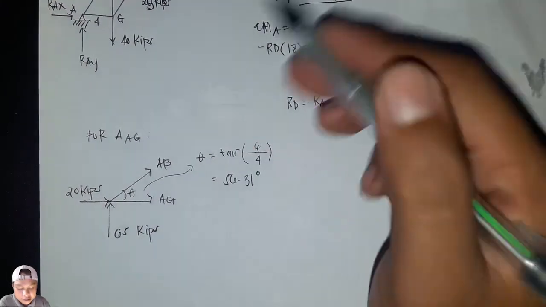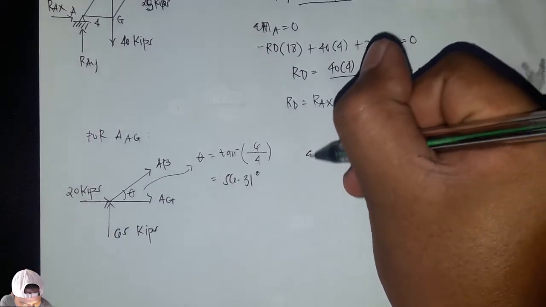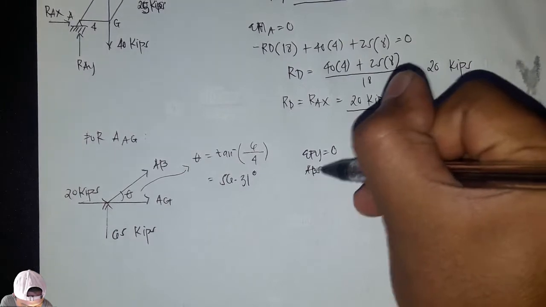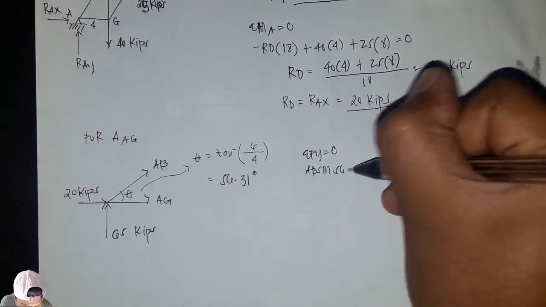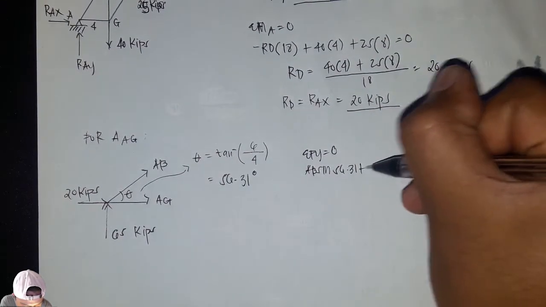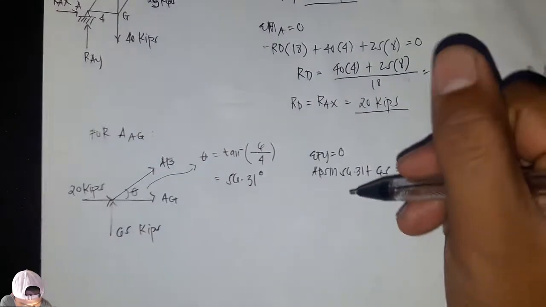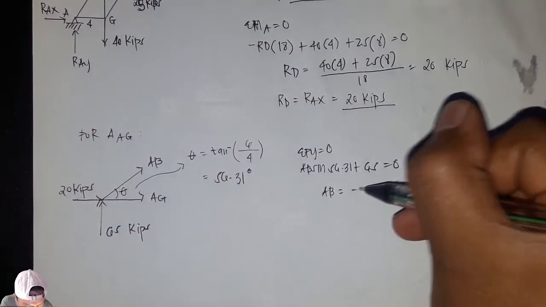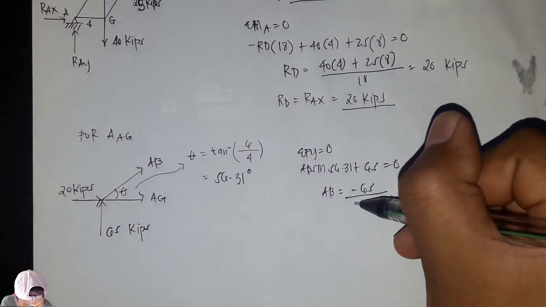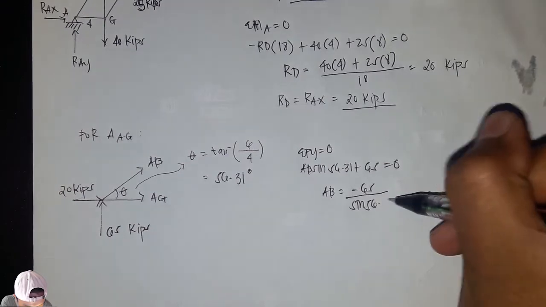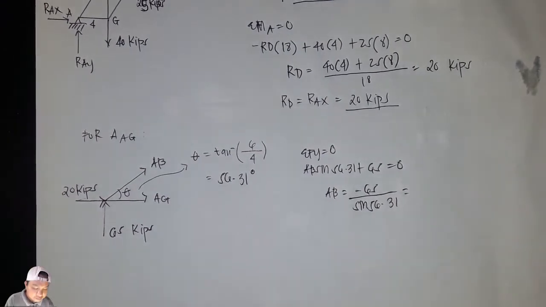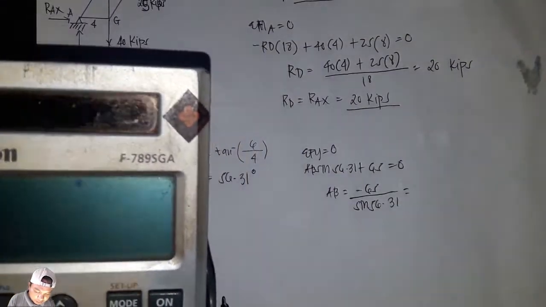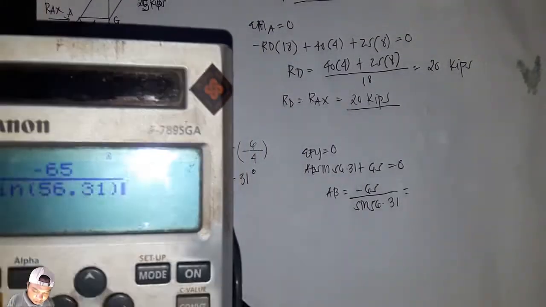AB muna. Summation of forces Y equals to 0. So AB sine of 56.31 plus 65 equals to 0. So AB, magiging compression, AB natin equals negative 65 over sine of 56.31.